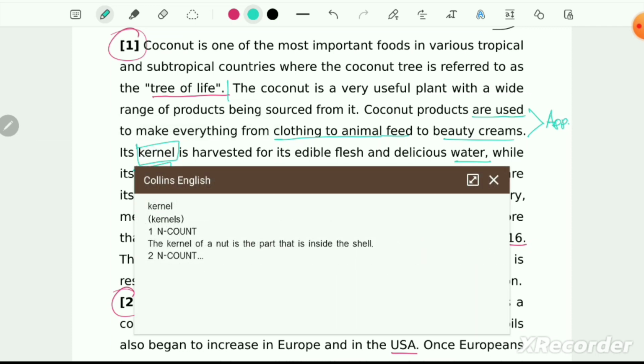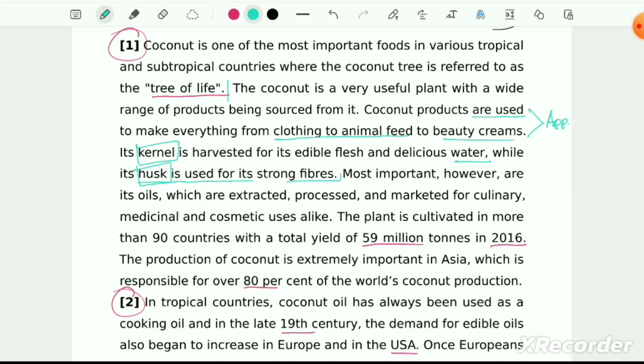Here in the dictionary: the kernel of a nut is the part that is inside the shell. So in the case of coconut, the kernel is itself the white part of the coconut fruit.